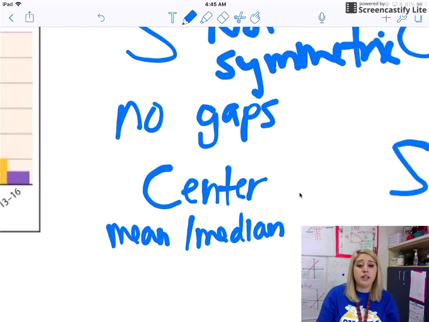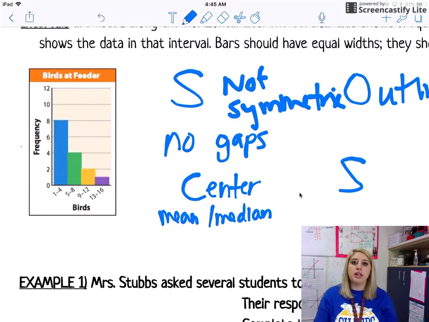And unfortunately, in a histogram, you really can't give me a specific mean or median, but I can tell you kind of where it's close to. And usually the mean or median is kind of around the peak a little bit, or where most of the data is. So we can kind of talk about the mode with the center of a histogram, or the peak of the data, and that's happening between 1 and 4 birds.